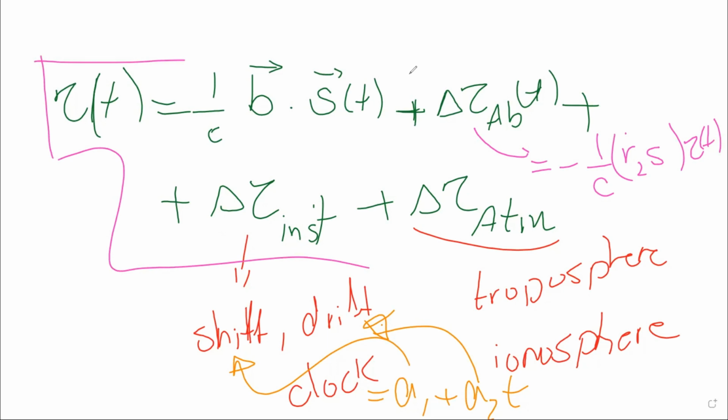And in VLBI, this part, the first term actually, is the pure geometric part without any correction, any systematic effect. But the rest are added as the corrections, or systematic corrections that should be considered. Well, but it is very general.